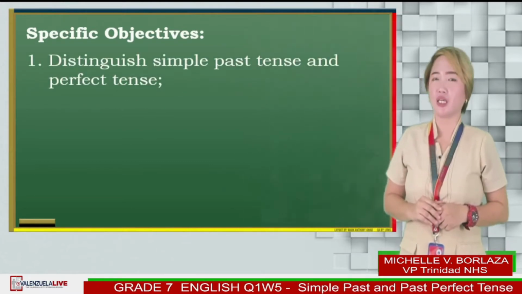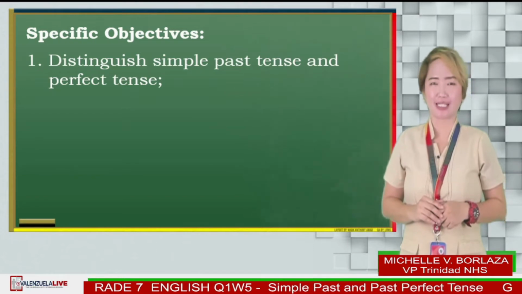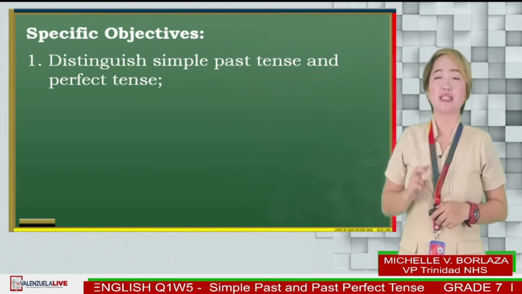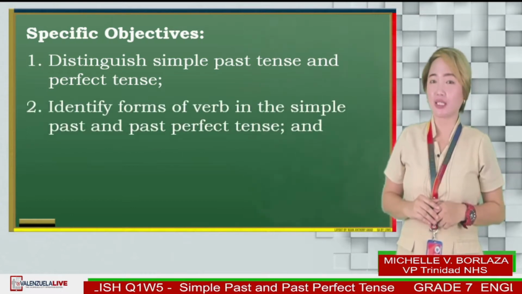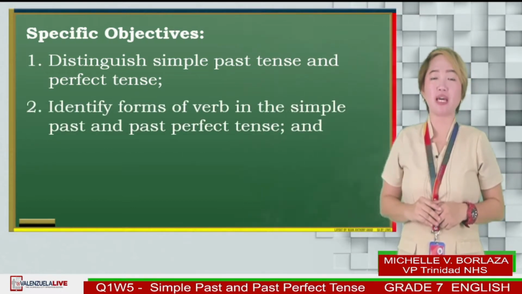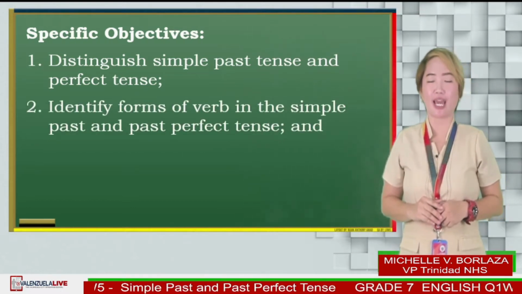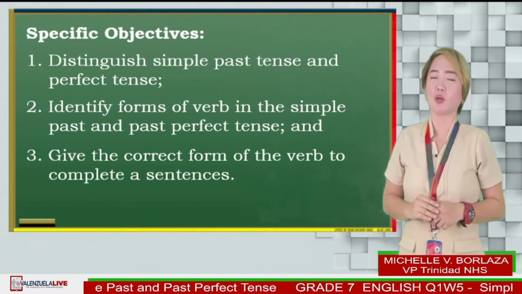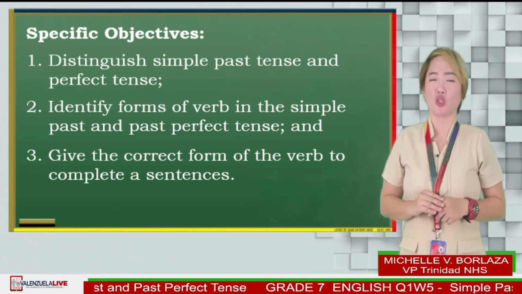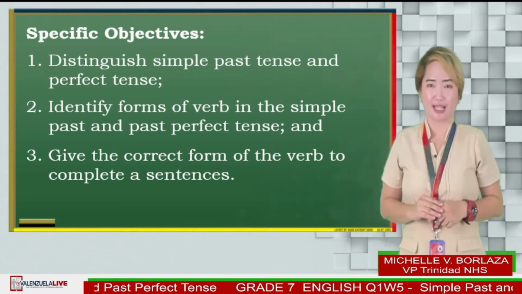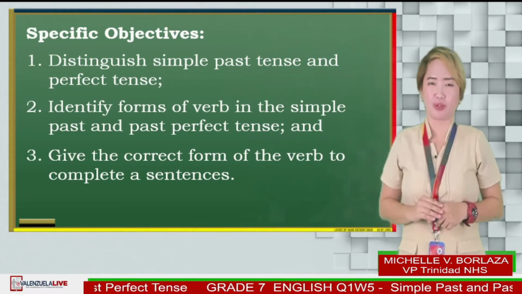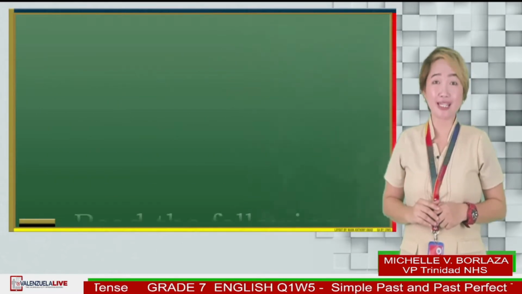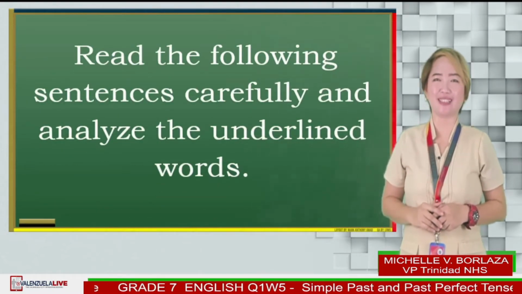First, differentiate simple past tense and past perfect tense. Second, identify forms of verb in the simple past and past perfect tense. Third, complete sentences using simple past tense and past perfect tense. Are you ready? Let's begin.